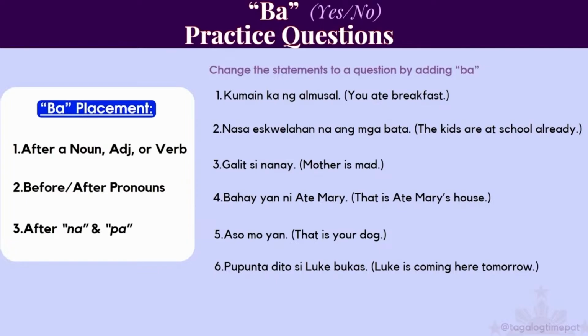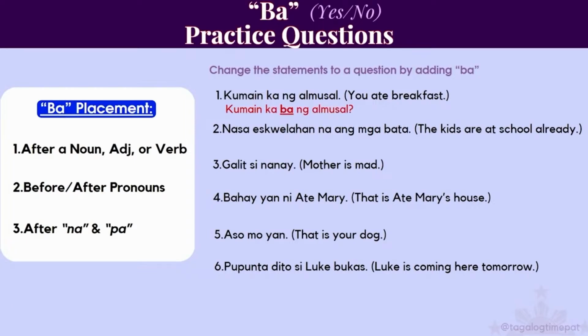Kumain ka ng almusal. We have to change the statement into a question by adding ba. So, kumain ka ng almusal means you ate breakfast. Where would ba go? Kumain is a verb, so it would probably go after that. Let's see. Kumain ka ba ng almusal.